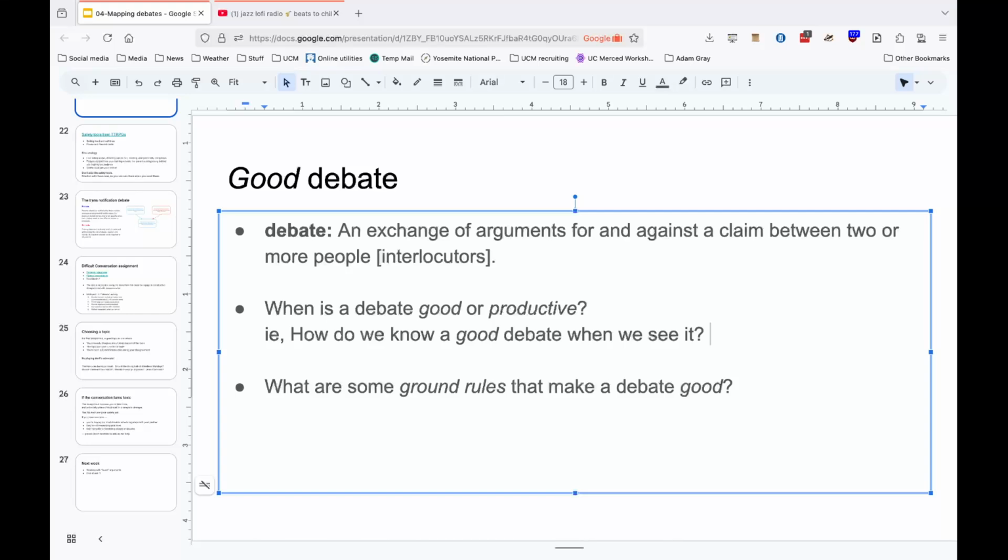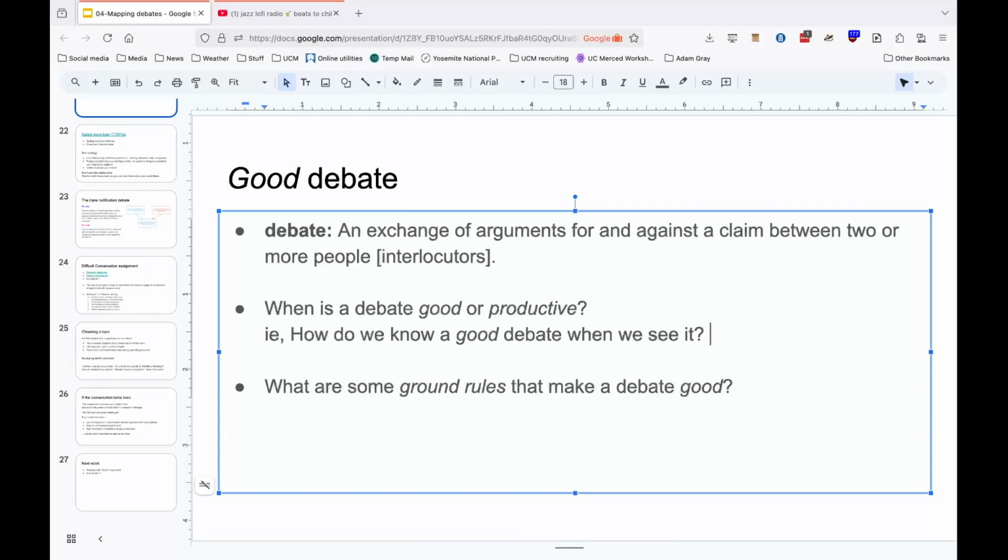Okay, so we have two main positions here in the conversation right now. One position is that a debate is good or productive only if it results in consensus, if everyone agrees at the end. The other view is that you don't need consensus. What you really want is mutual understanding.